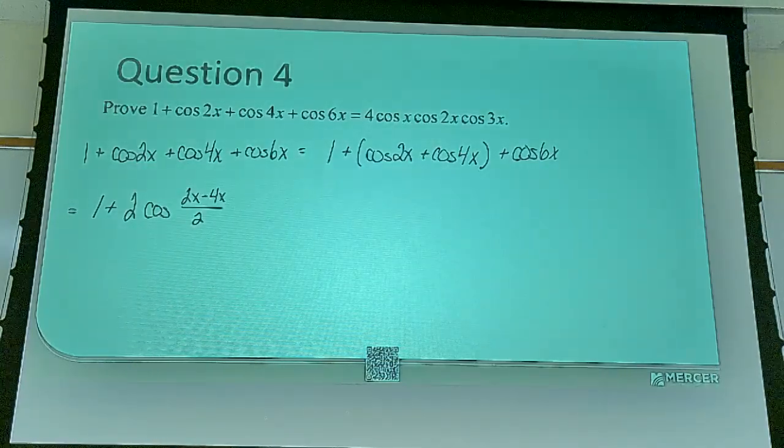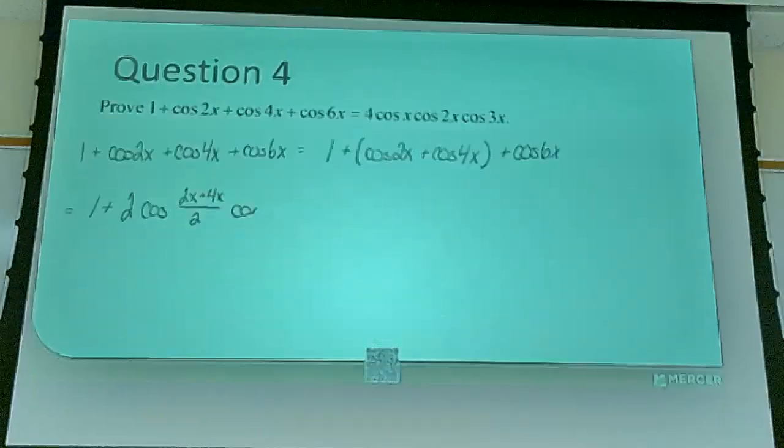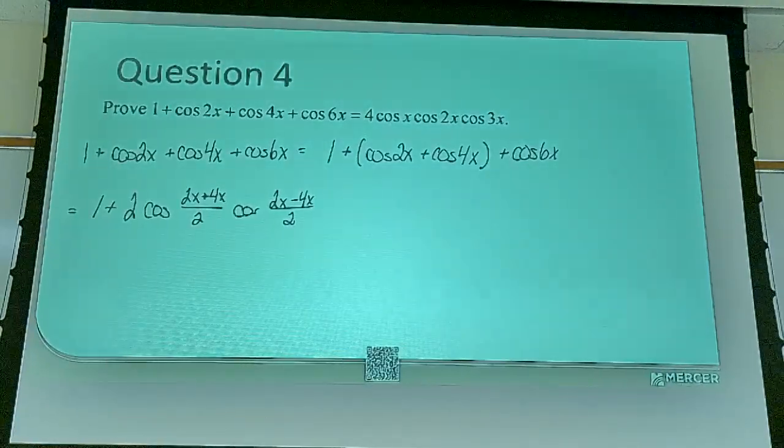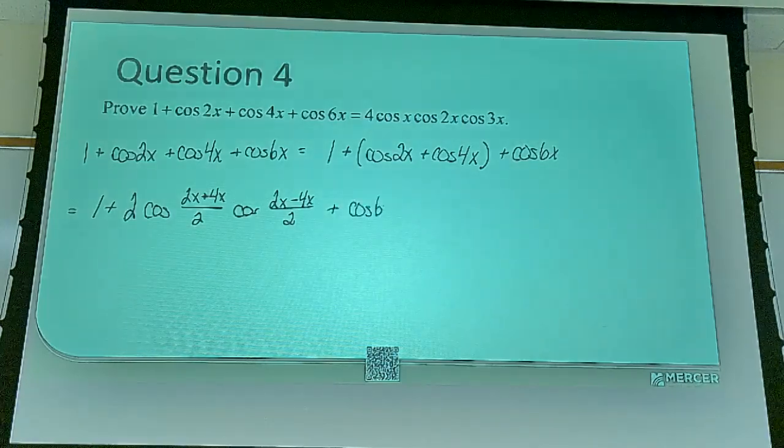Plus 7 is minus. Twice cosine of the sum of the angles over 2 times cosine the difference of the angles over 2. And we still have that cosine 6x.